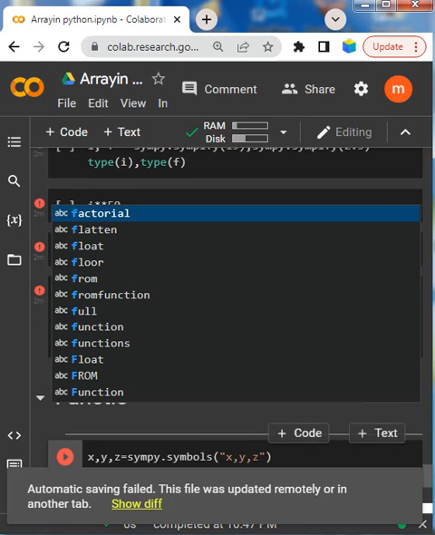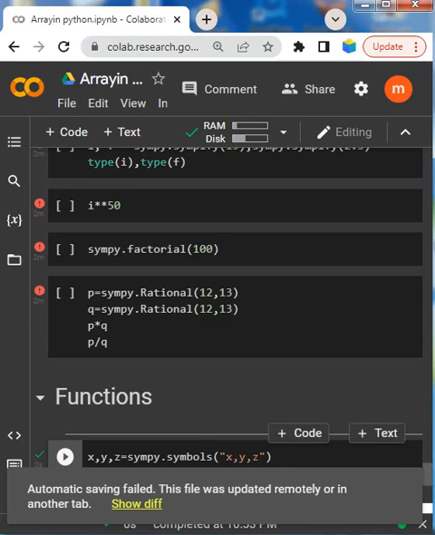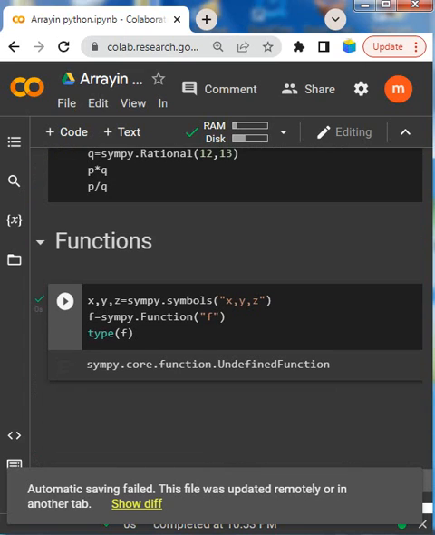Now we can see here sympy.core.function.UndefinedFunction, an undefined function.